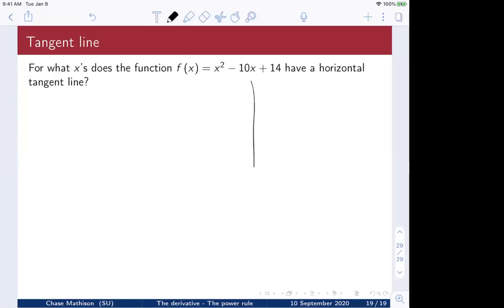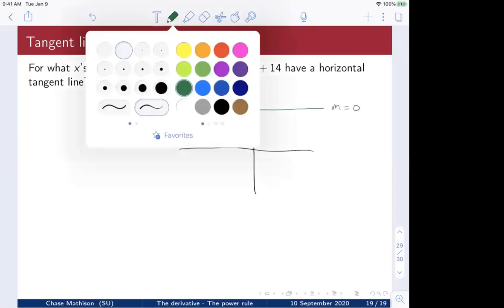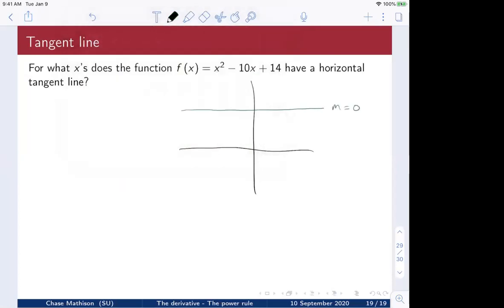If I have just a horizontal line in general, then the rise is 0, and then the run can be whatever you want. But m here is 0, right? So slope should set off alarms that say derivative. So f prime of x is equal to 0. This is the equation we want to solve.